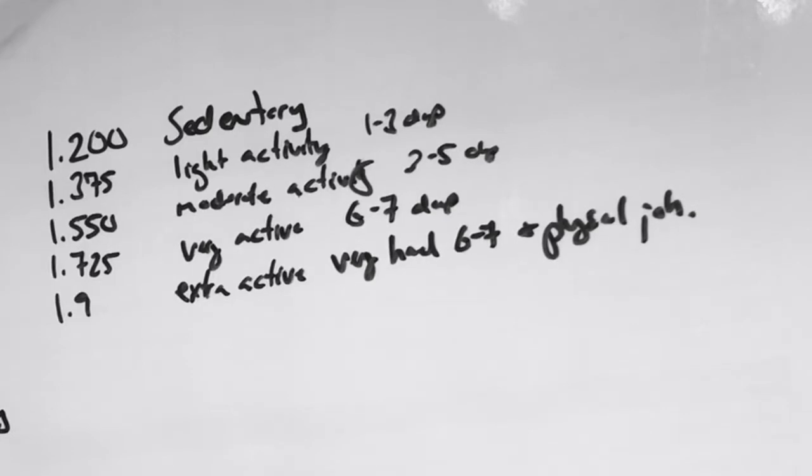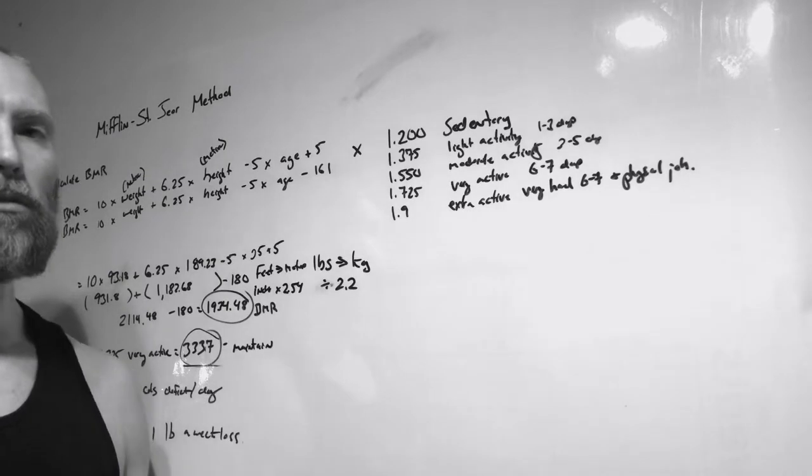Moderate activity, working out 3 to 5 days a week, 1.550. Very active is 1.725, and that's classified as 6 to 7 days in the gym working out vigorously. And then 1.9 would be extra active, so very hard workouts, 6 to 7 days a week, maybe you play on a sports team and you work a physical job. So those are the qualifiers.